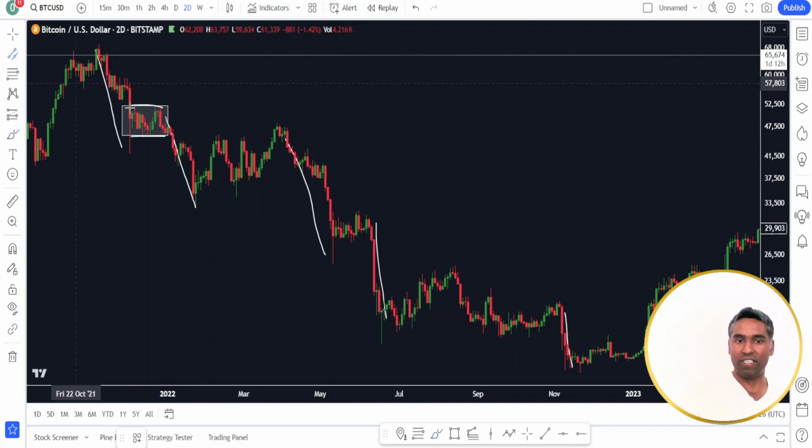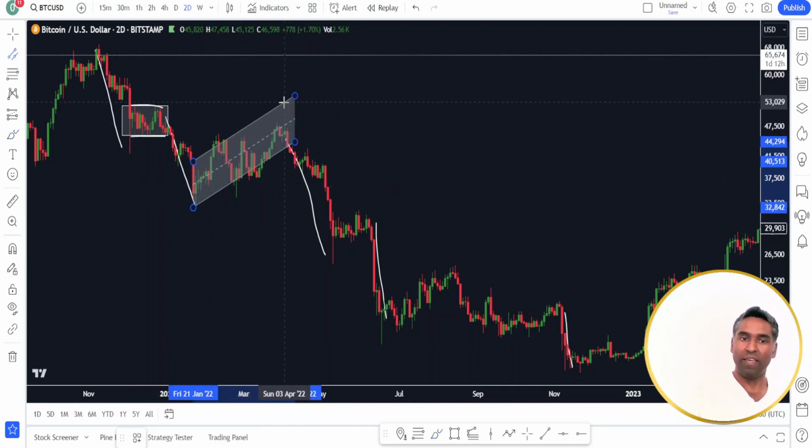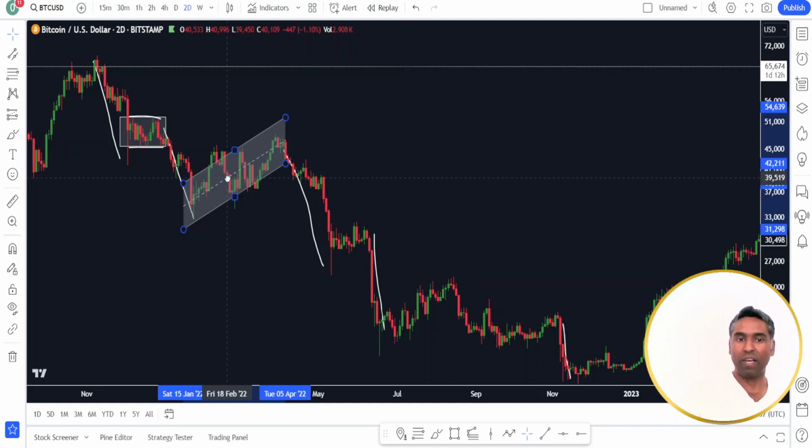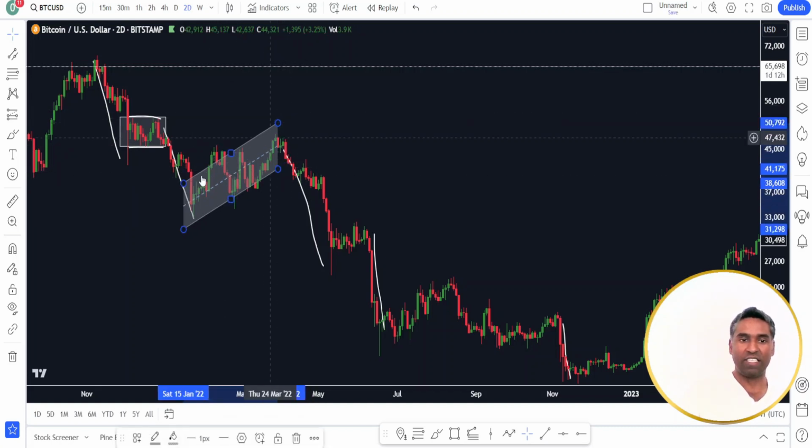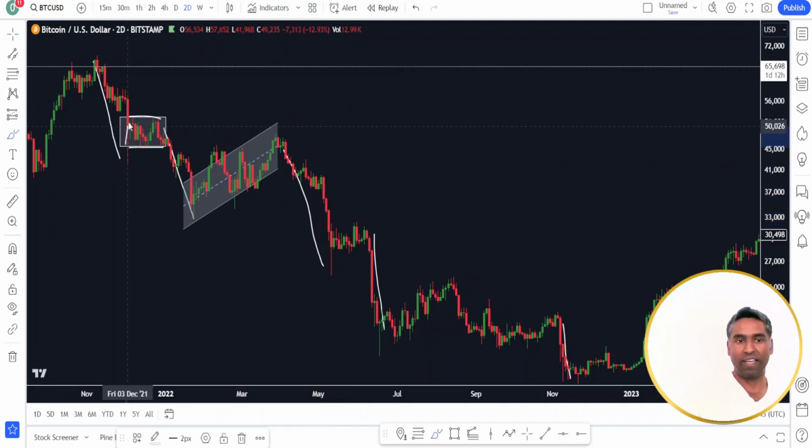The second one is here: the price is moving up between a parallel channel, or we call it a flag. So this is a flag. In the rectangle, price is moving like this, and in the flag, price is moving like this. This is a continuation pattern which breaks in the direction of the trend.